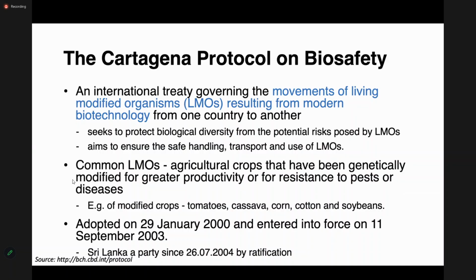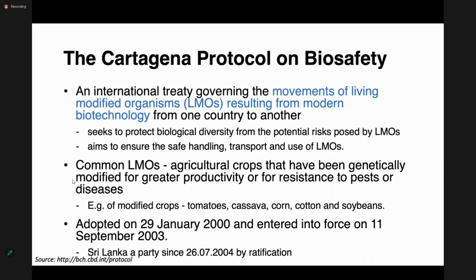If you're moving these things from one country to another, the treaty addresses that. Basically, it is trying to protect the biological diversity of individual countries from these genetically modified organisms.